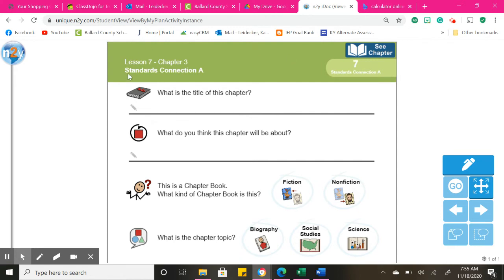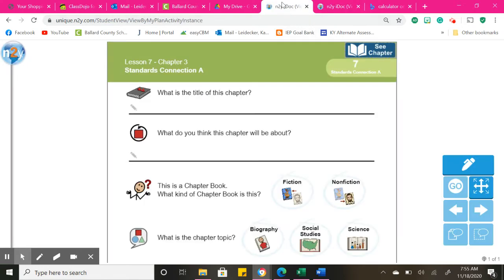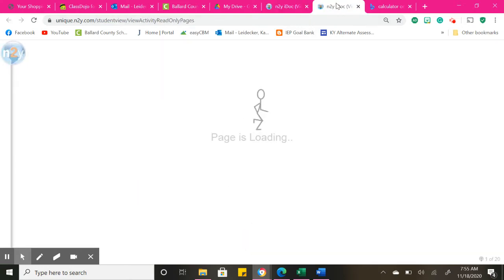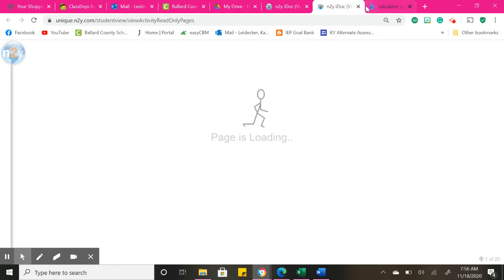I wanted to remind you, instead of going back to home or clicking this back button here, click right here where it says See Chapter, and this will open up a new tab for you and take you to your chapter book. So really, you would just click back and forth between these 2 tabs as my man is running and running and running. So what is the title of this chapter?